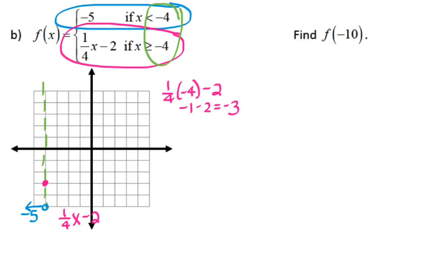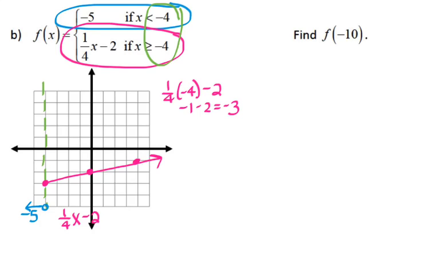This one is a closed circle because if you look at your inequality, it's greater than or equal to. Now to graph the rest of the line, we have to pay attention to our slope. Your slope for this is 1/4, which means from that point, I'm going to go up 1 over 4. Up 1 over 4. And then we can go ahead and graph the line.